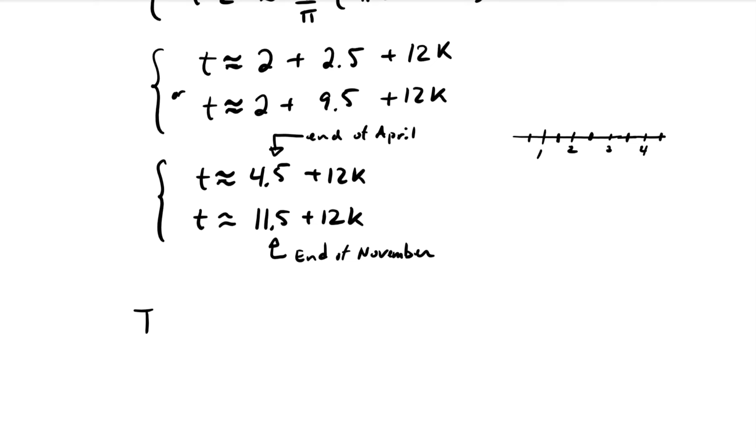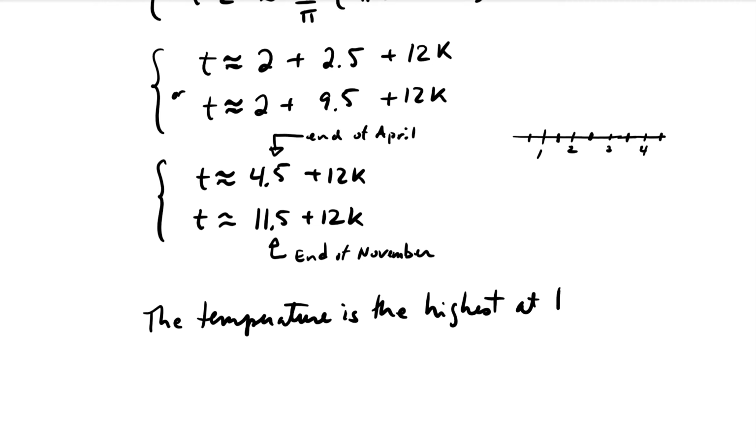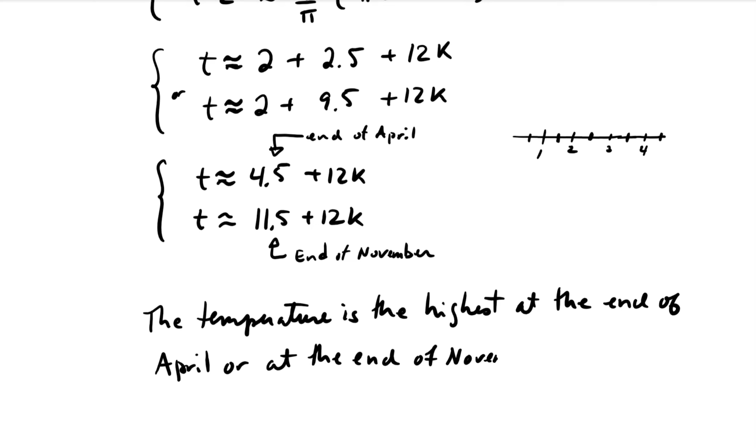Okay, so the temperature is the highest at the end of April or at the end of November. So if you're planning a trip, this is when you should go, if you like warm temperatures.